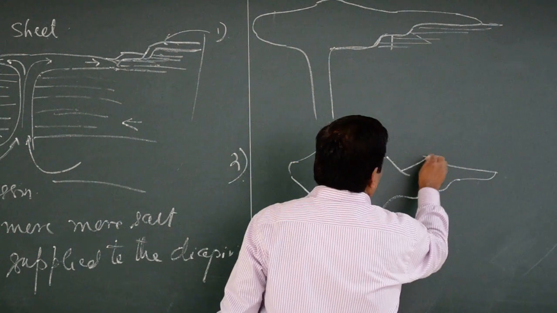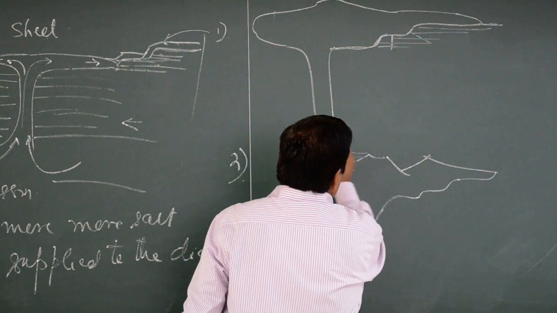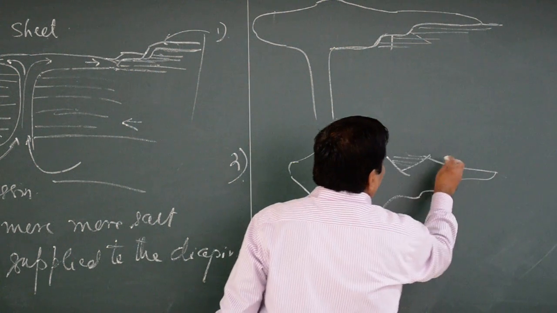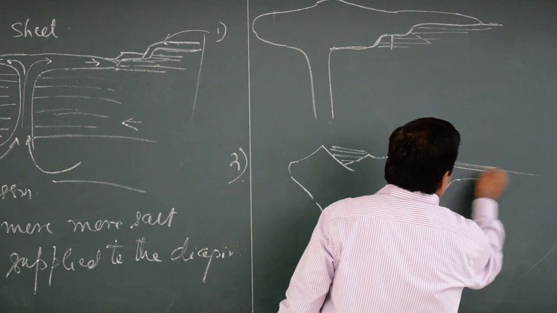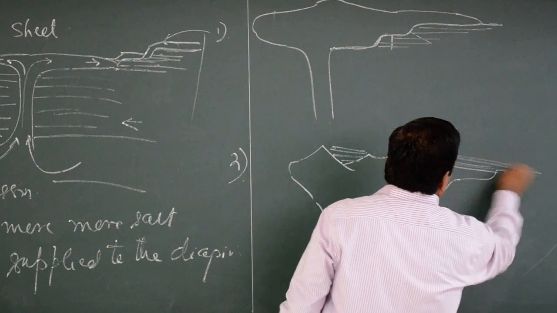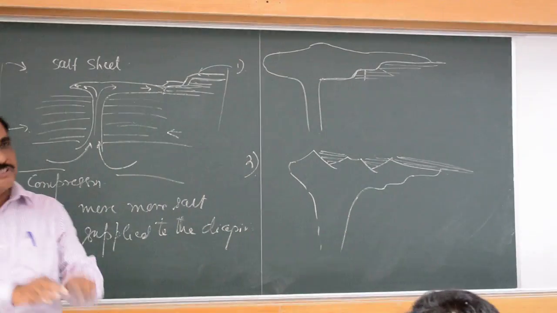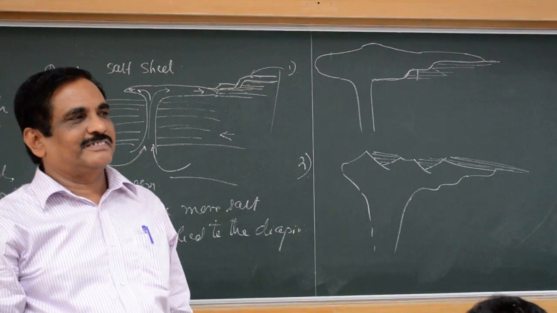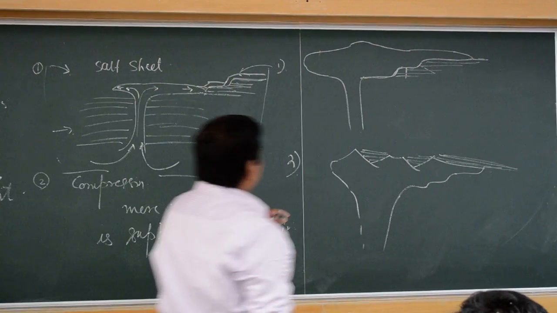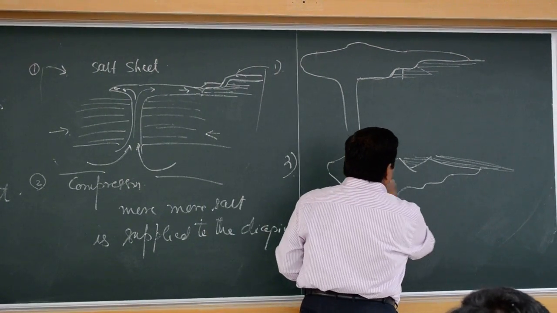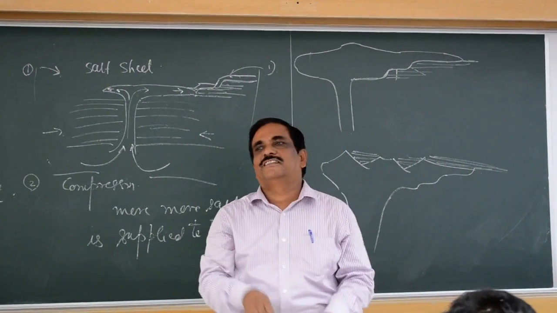Draw it. The sediments are deposited over the salt bed. Traces of sediment are also deposited over it. Therefore, over the salt bed sediments are deposited. If that is the case, this salt body is now hidden.